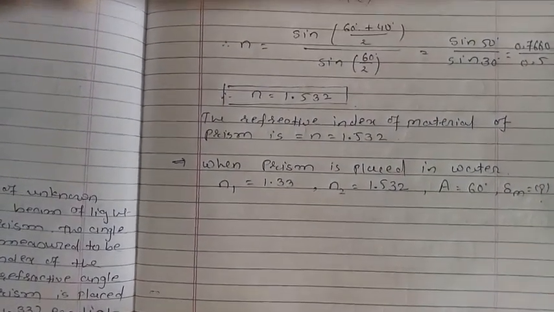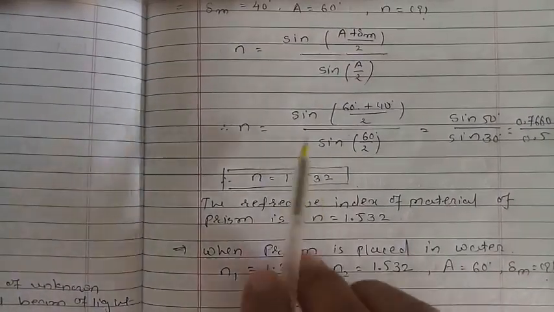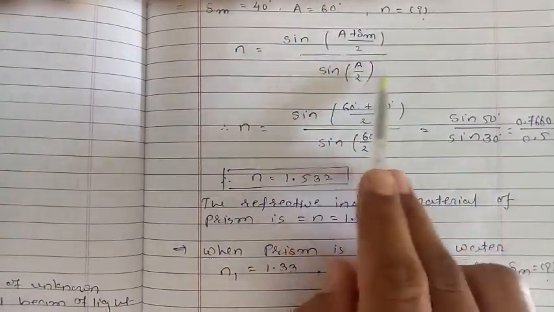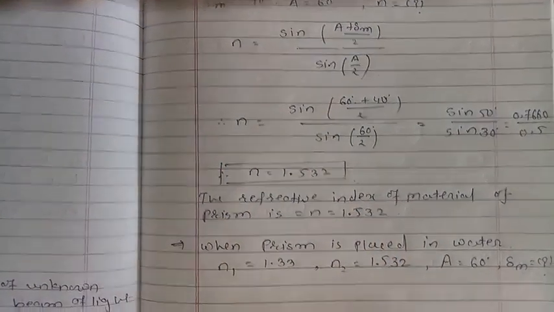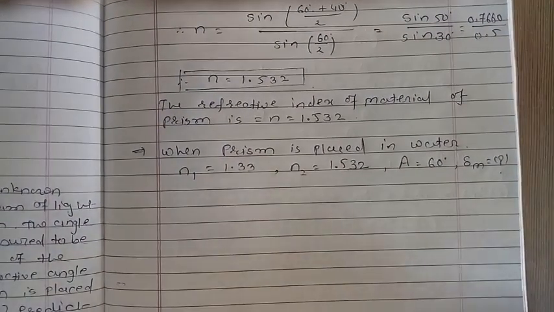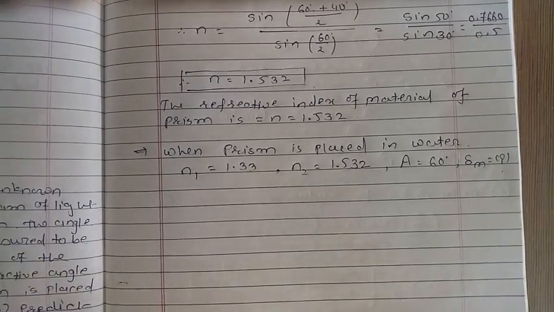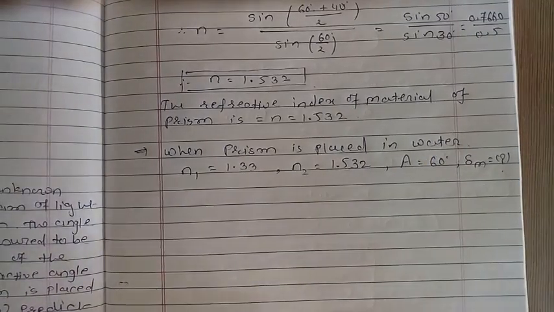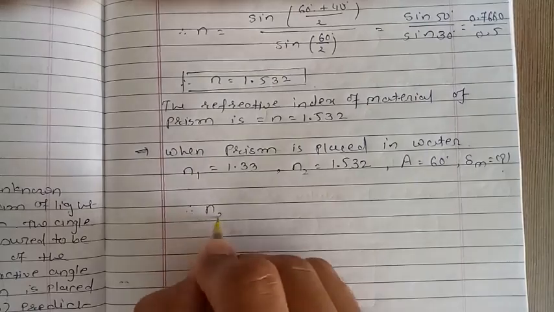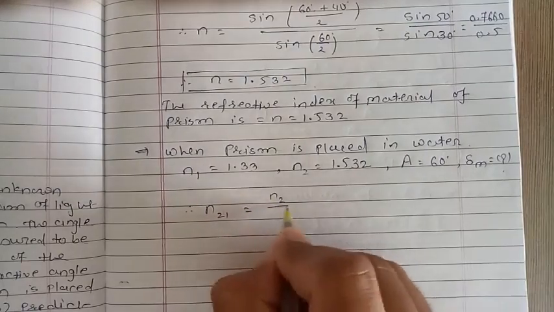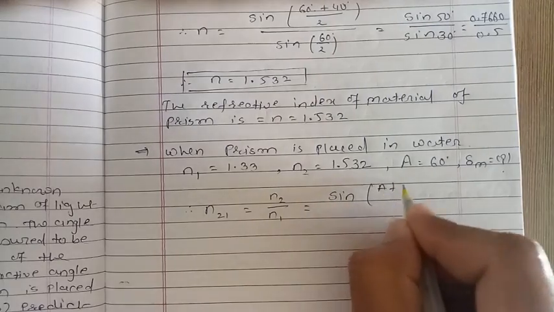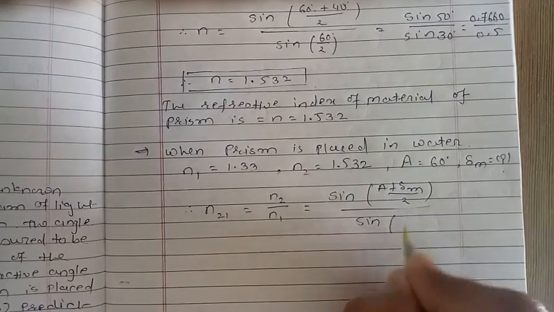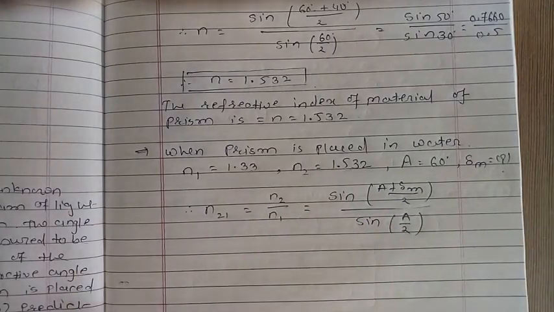So again we use this formula, n is equal to sin((A plus del m)/2) upon sin(A/2), but instead of n we have to write n21, because here the first medium is not air, here the first medium is water. So we can write n21 is equal to n2 upon n1 is equal to sin((A plus del m)/2) upon sin(A/2).